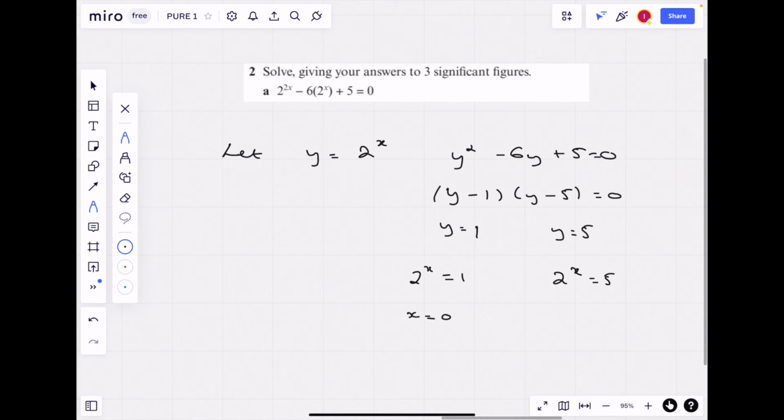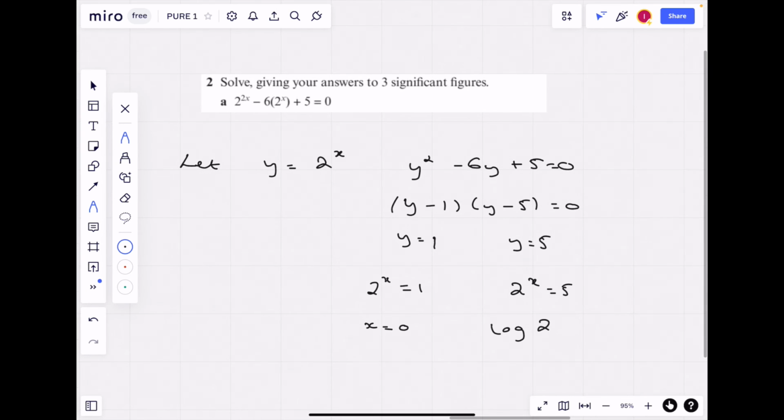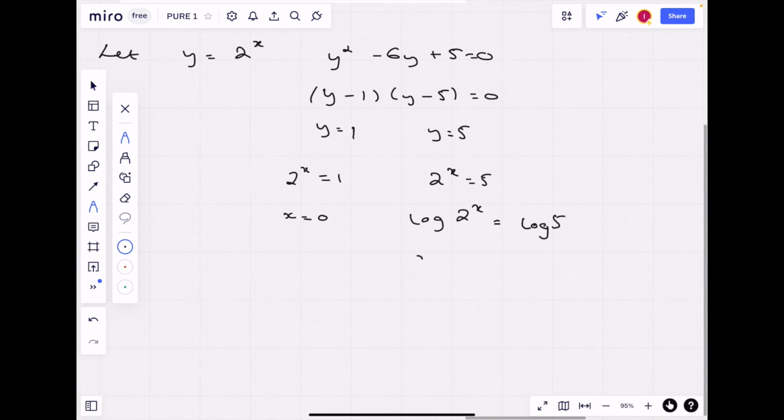and from here we can take log of both sides. So log 2 to the power of x equals log 5. x log 2 equals log 5.